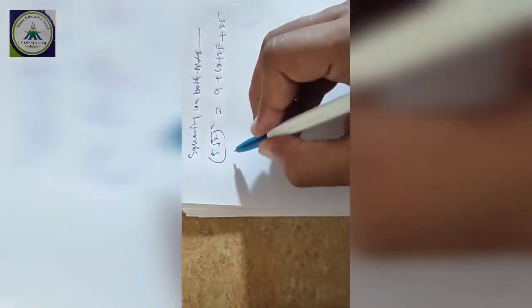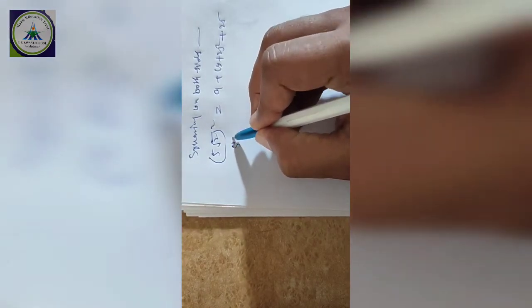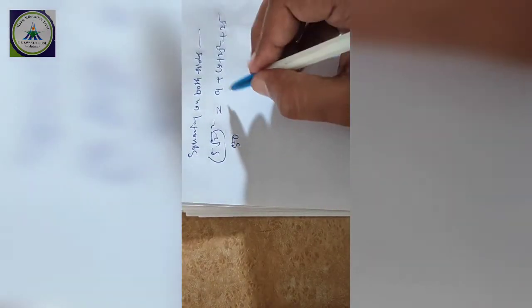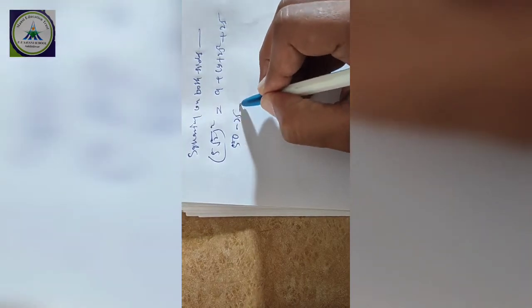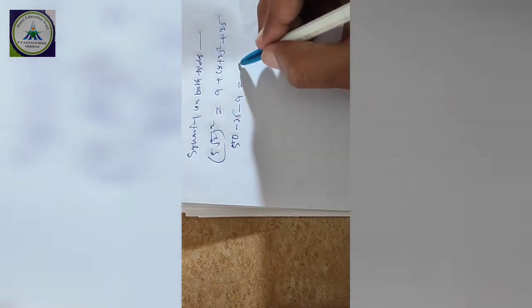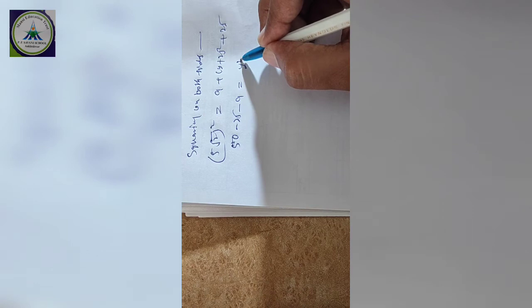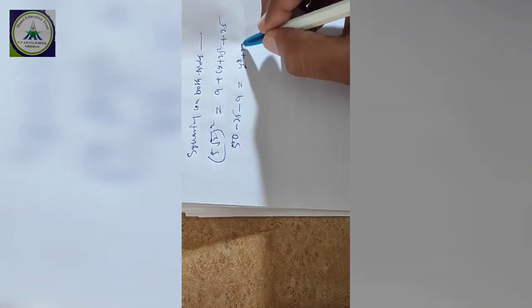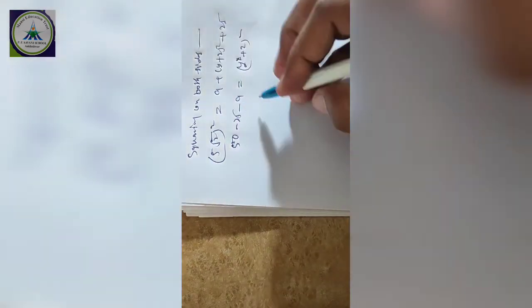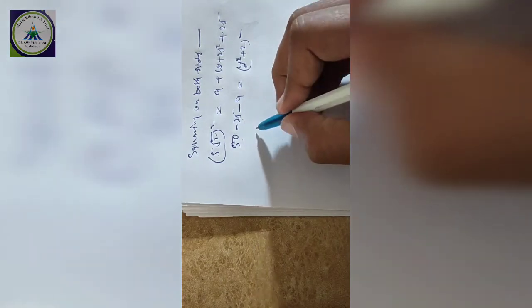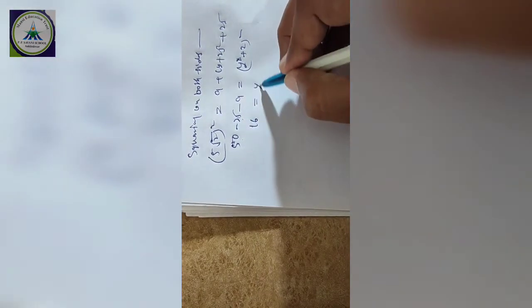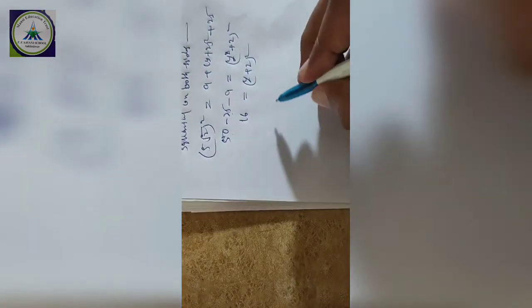Getting my point? 50 minus 25 minus 9 will be equal to (y plus 2) whole square. Clear? So 25 minus 9 gives 16 equal to (y plus 2) whole square.